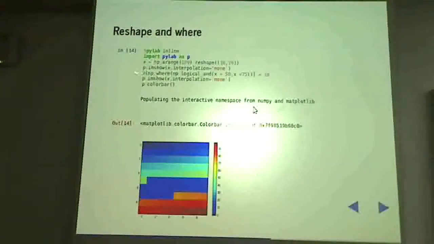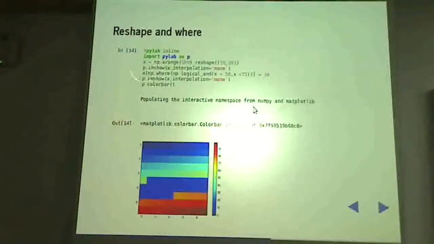Okay. Now what I do is something interesting. I use a very, very powerful function in NumPy which is called where. Where is a way of basically identifying elements of an array that satisfy a logical condition.